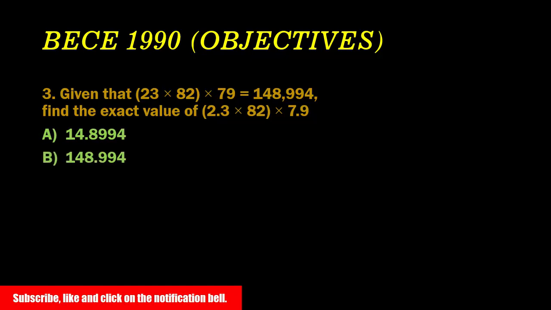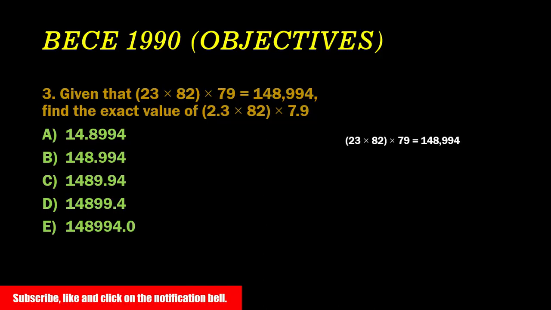Option B, 148.994. Option C, 1489.94. Option D, 14,899.4. Option E, 148,994.0.